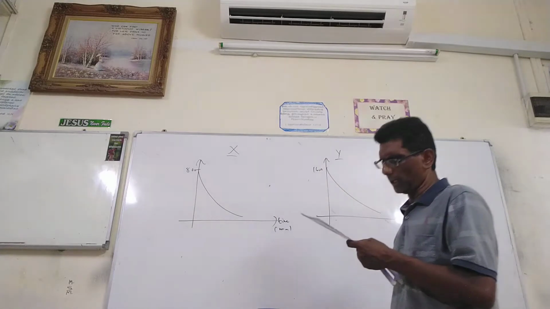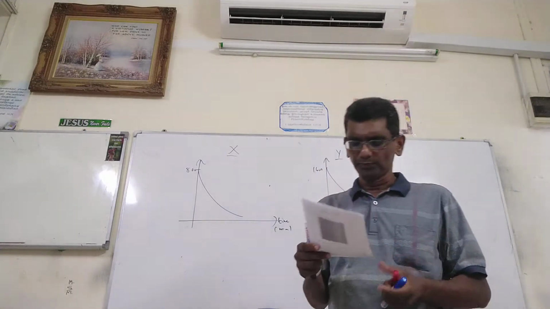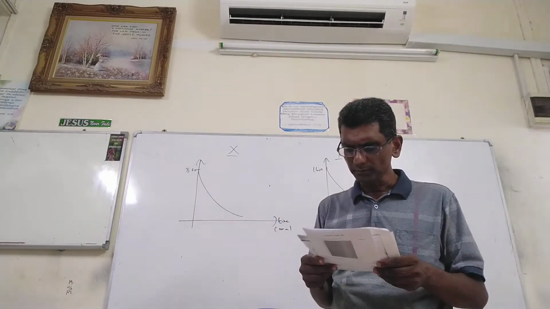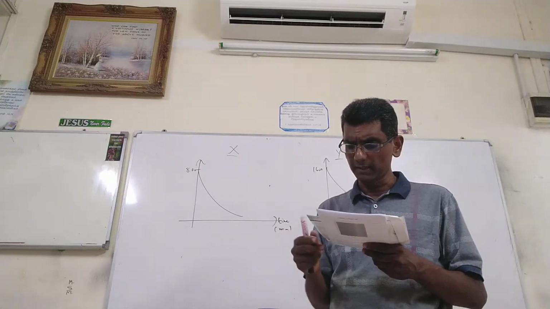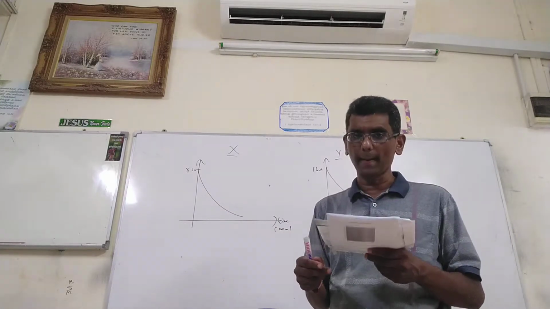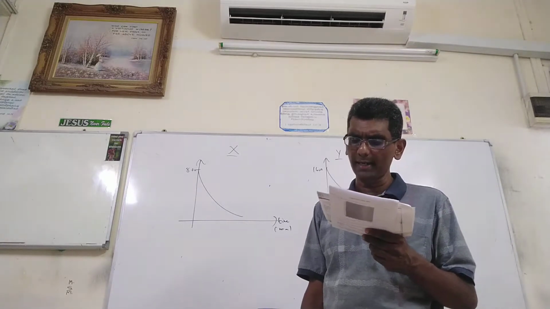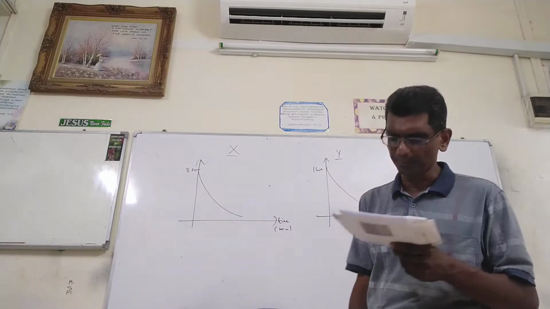Okay, the first point: for X and Y, the activity or rate of decay decreases exponentially with time.